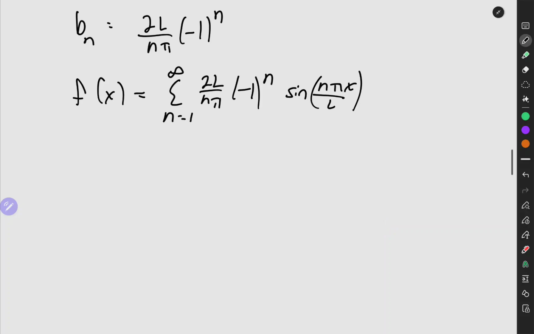Now, you can even further simplify this. This is perfectly acceptable, but just know that you can pull any non-n terms out.